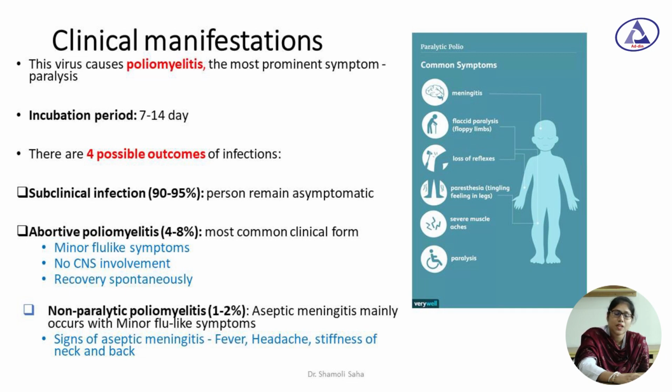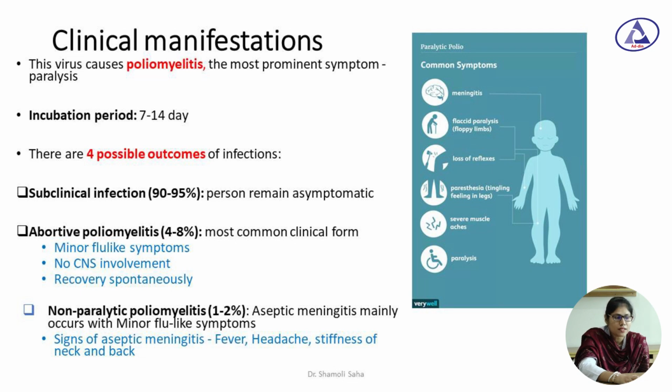There are 4 possible outcomes of the infection: subclinical infection, abortive poliomyelitis, non-paralytic poliomyelitis and paralytic poliomyelitis. Subclinical infection mainly occurs in 90 to 95% of cases. The person remains asymptomatic.